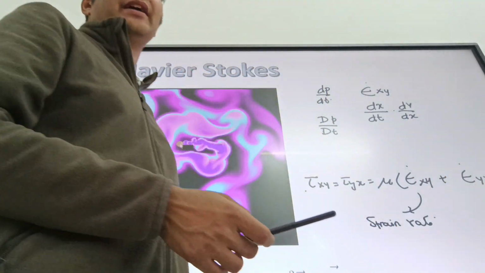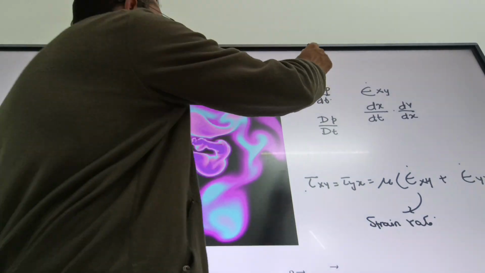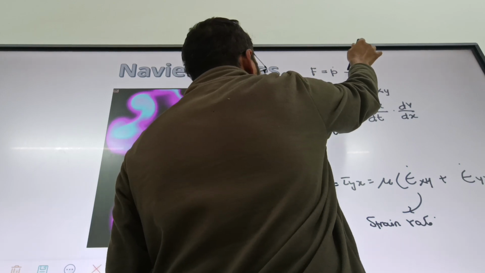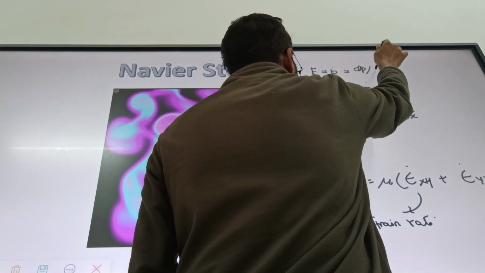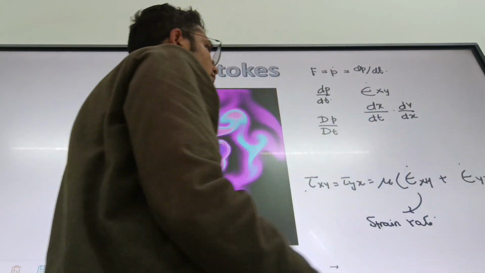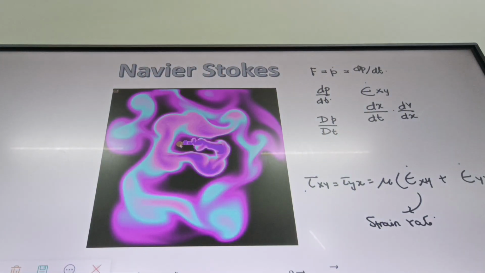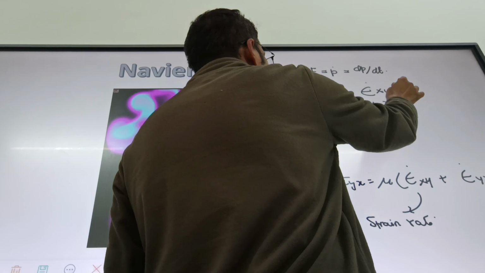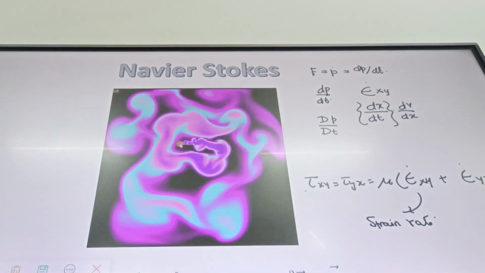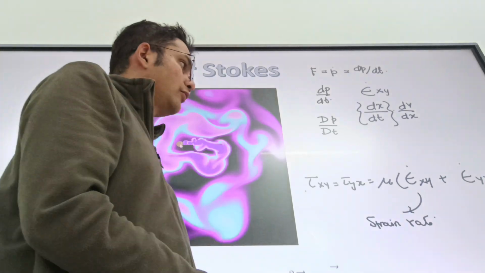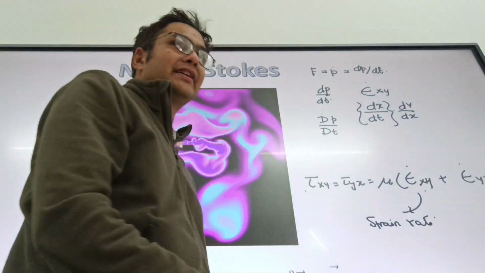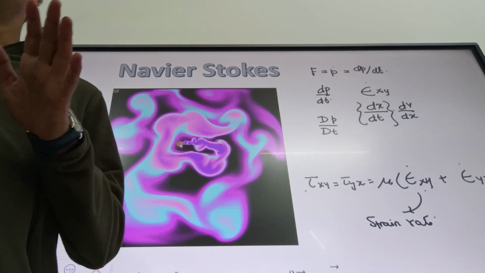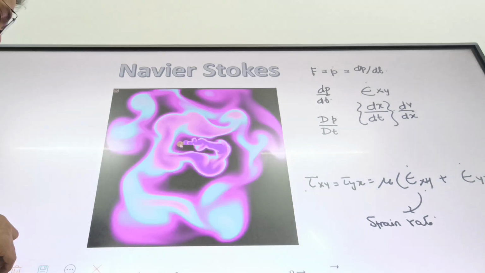Dot means differentiation with respect to time, that is v f equal to p dot. Okay, so what is this? Here you should understand what is xy. What is xy? You need to understand this a bit, right?